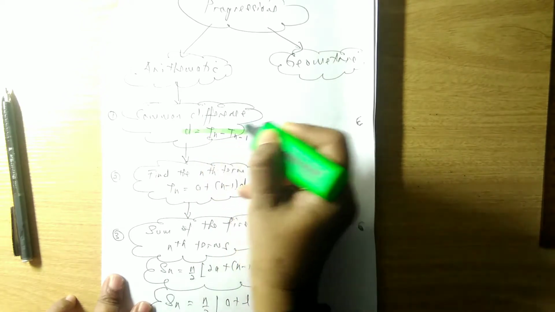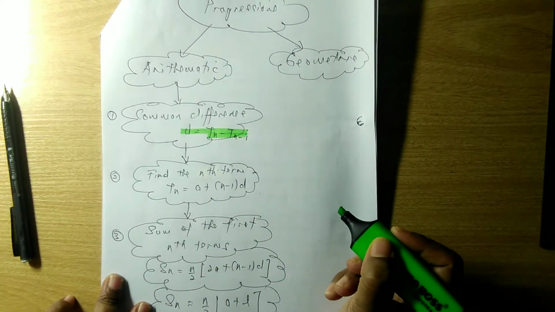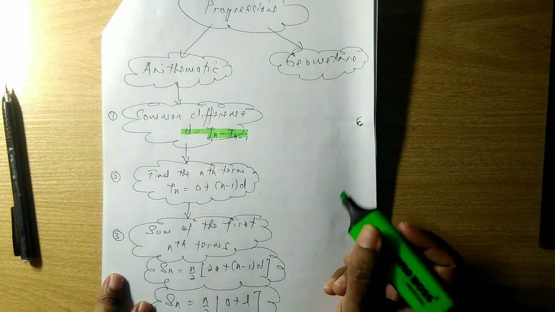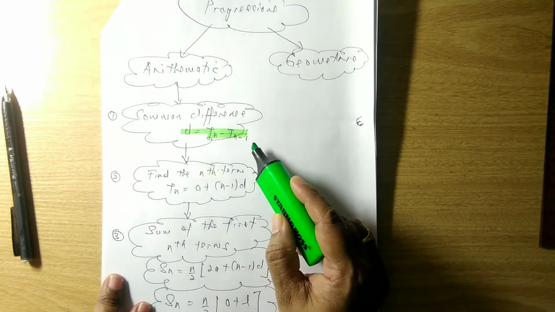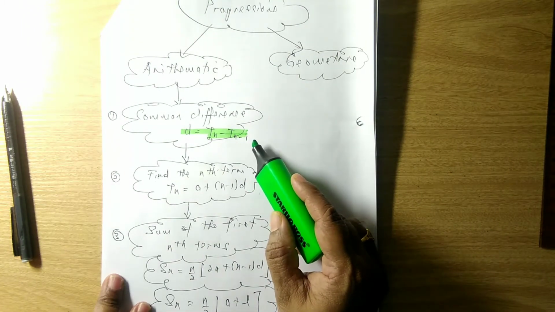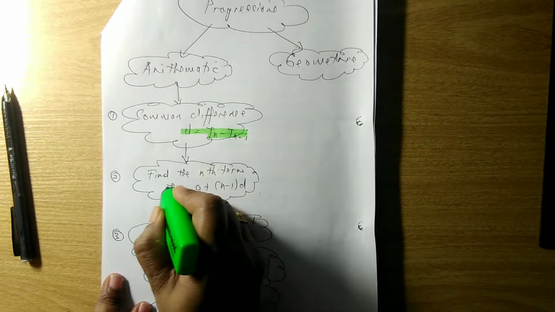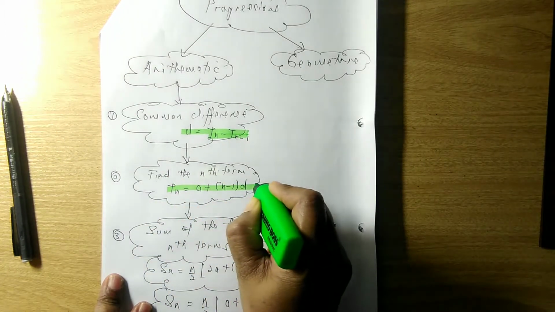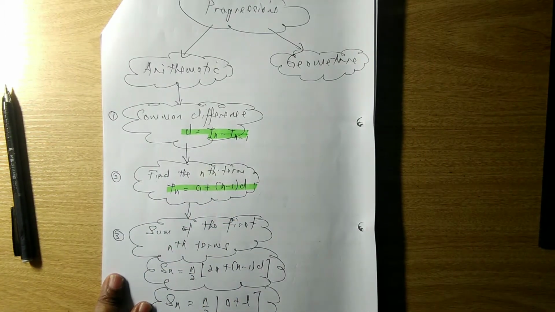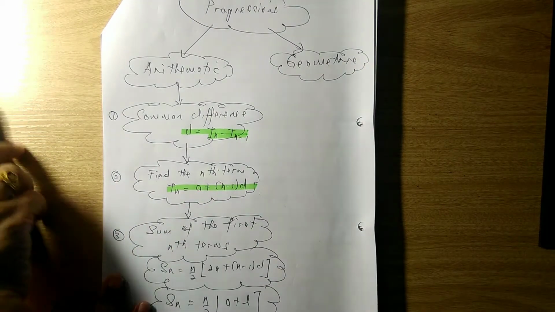The first one we saw previously was D equals Tn minus Tn minus 1. Today we move on to Tn equals A plus (n minus 1)d.